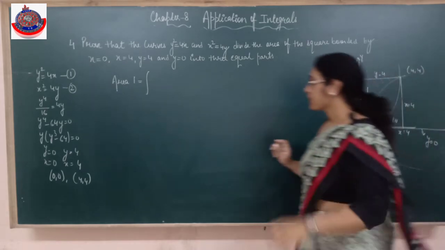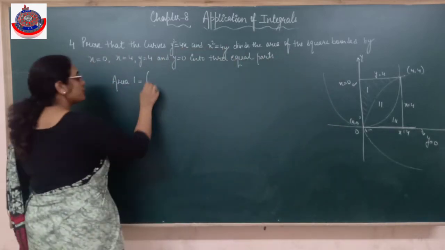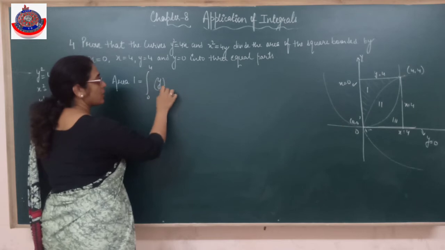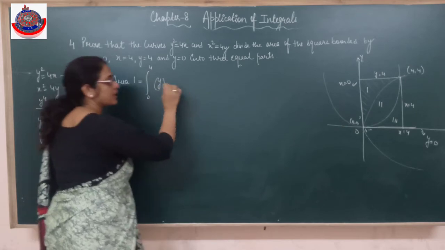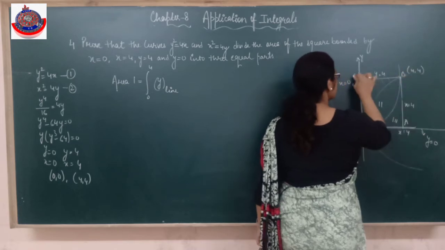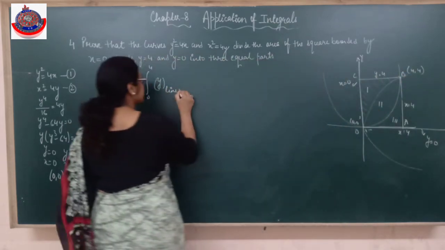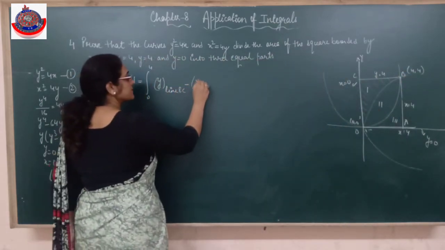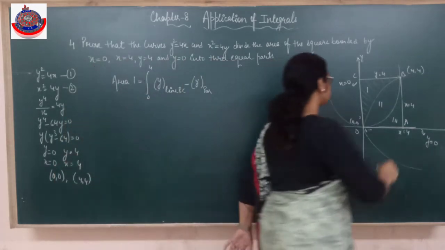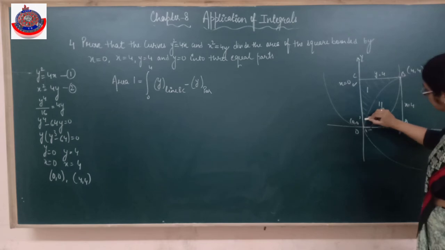That means my area 1 will be 0 to 4, y of line, नाम दे देते हैं, of line BC minus y of which parabola?